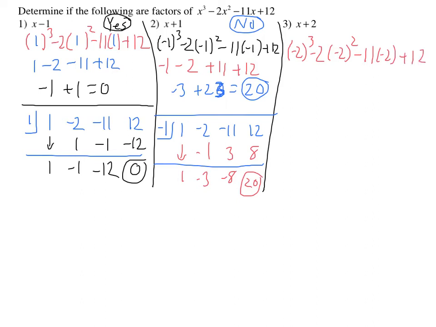All right, -2 to the third, -8. -2 squared is 4. -2 times 4 is -8. All right, -11 times -2 is positive 11, and you have a 12. So if you look at this, you can hopefully tell that that's not 0, so I can tell right off. If you can't tell it's not 0, let's just do the math. That's -16 and 23.